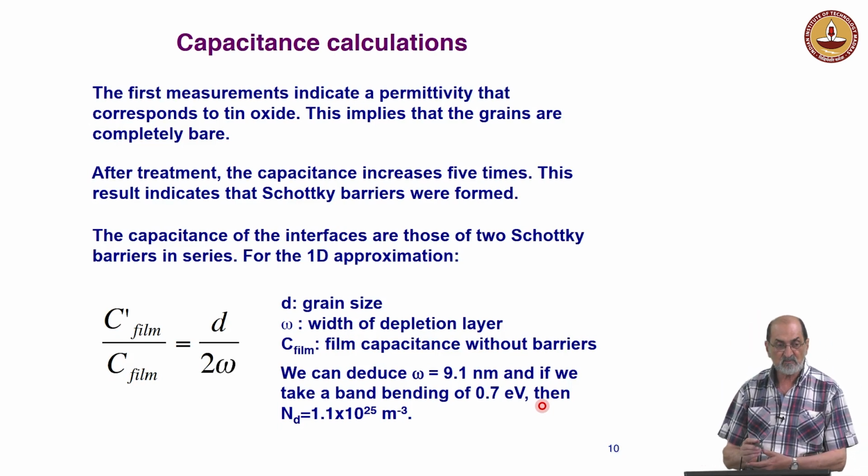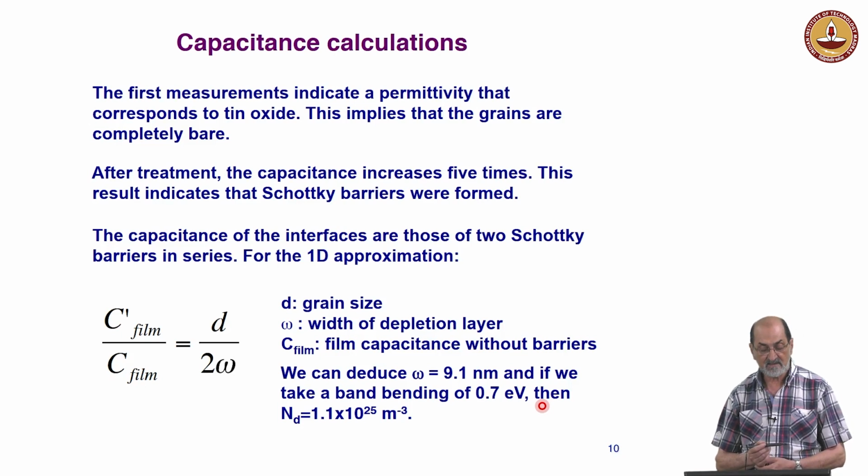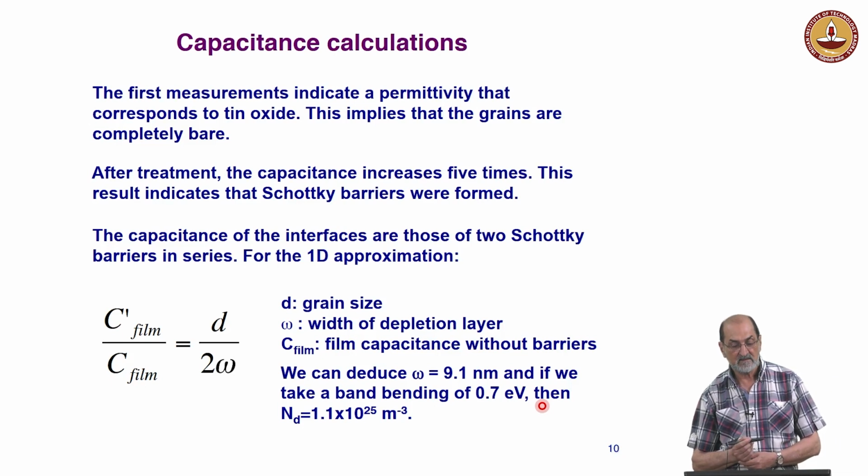The measurements we have been making indicate that everything works well. We have tin oxide, and the permittivity is that corresponding to tin oxide. And this implies that the grains are completely bare, because if we had Schottky barriers, the permittivity should be much higher, not that of the bulk of the tin oxide.